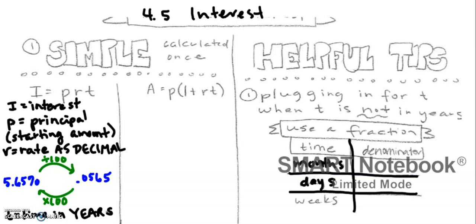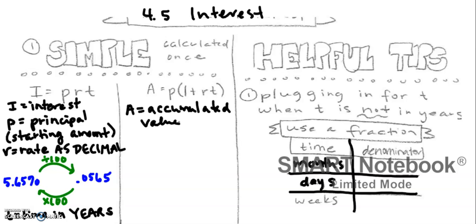And then the second formula, A equals P(1 plus RT), the A stands for accumulated value. So like the example I gave you with the $100 and the 1%, your accumulated value at the end of the year is 101. That would be your total, what you started with plus your interest.